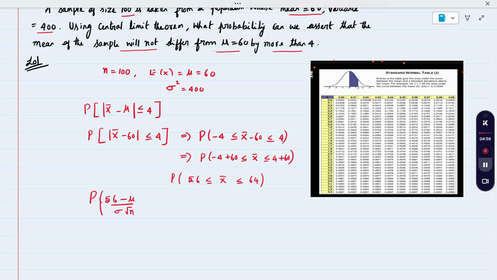So it is x bar minus mu divided by sigma by root n less than or equal to (64 minus mu) divided by sigma by root n. Now the probability of (56 minus 60) divided by sigma by root n, where sigma is 20 and root n is 10.